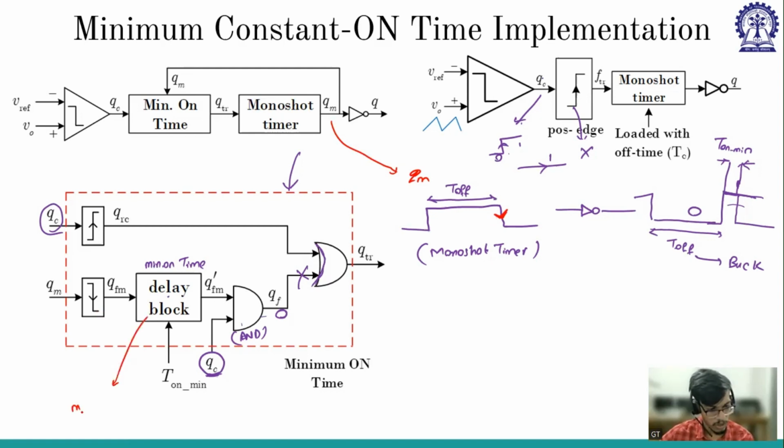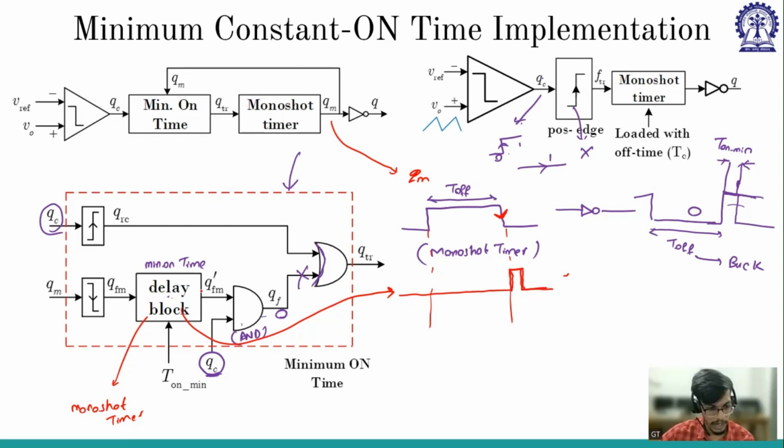This is another monoshot timer with input T on minimum. If I draw the same time period, this monoshot timer will generate T on minimum. So this monoshot timer is generating this on time pulse.